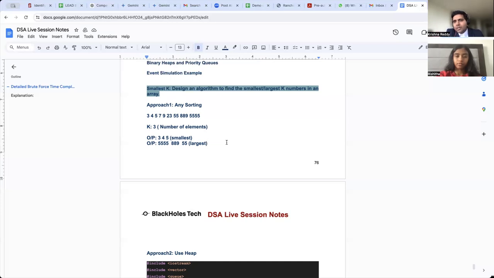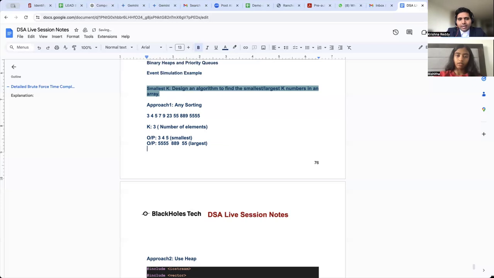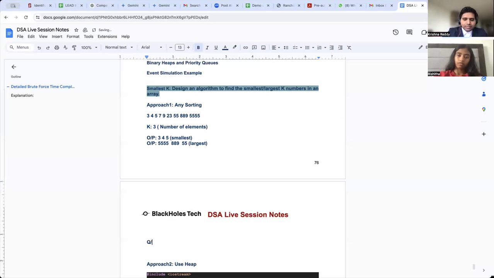But what is the time complexity to do the sorting itself? What is the complexity for quick sort or merge sort? Same, right? The time complexity is n log n.